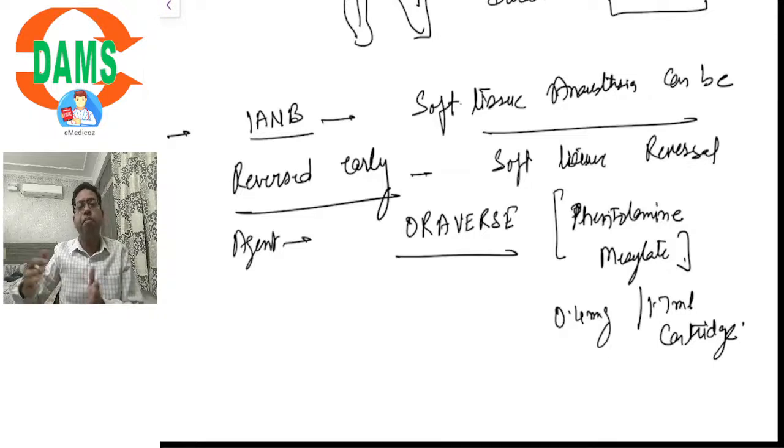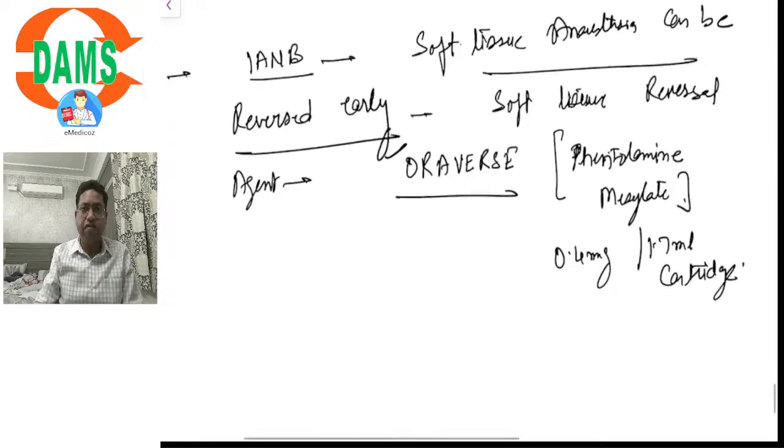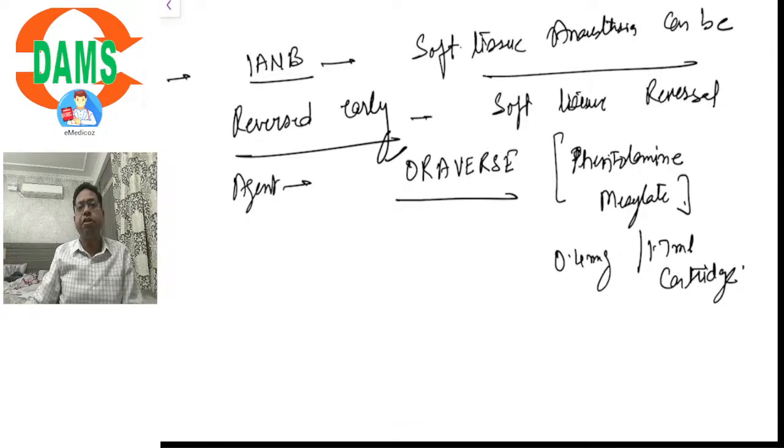After completion of the pulpal procedure, if we administer Oraverse in the same location as the inferior alveolar nerve block, there would be reversal of soft tissue anesthesia. The lip numbness, the tongue numbness would reverse by phentolamine mesylate, that is called Oraverse. So it can be quite convenient for the patient to resume routine activities. The patient can engage in social duties like speaking, etc.